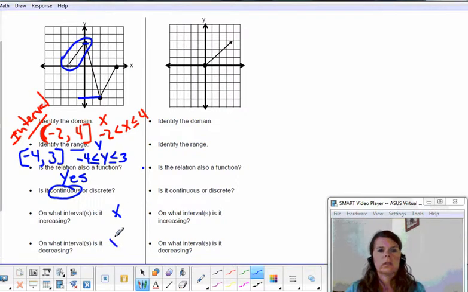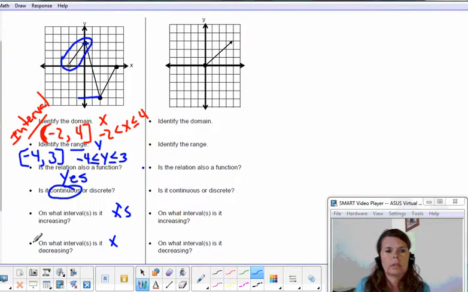And same with decreasing x's. So our x's are from -2, not including -2, to where it stops increasing, where the x value is 0. It doesn't include the -2, but it does include the 0.